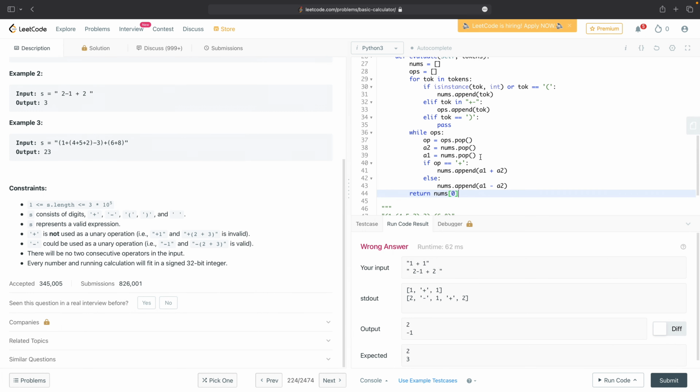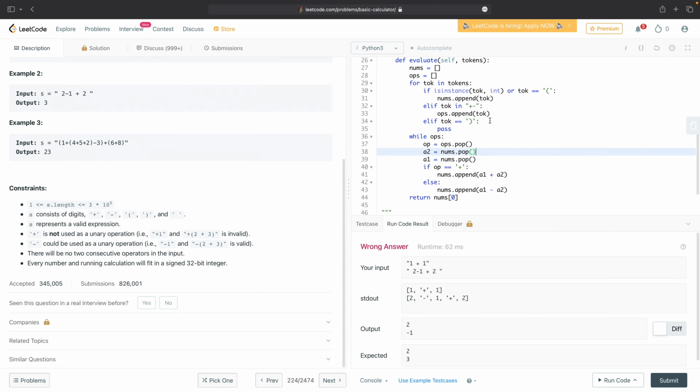I'm evaluating these things right to left, so I've got this algorithm wrong, and I kind of knew I had it wrong. So the 1 plus 1 works. This is wrong, because what we need to do is we need a 2 plus 1. Sorry, a 2 minus 1. We need to push the 2 on.